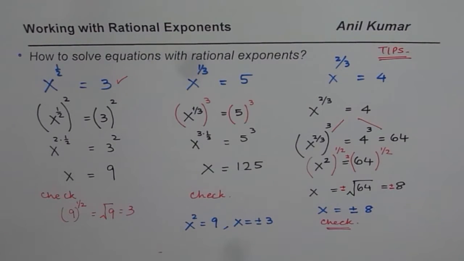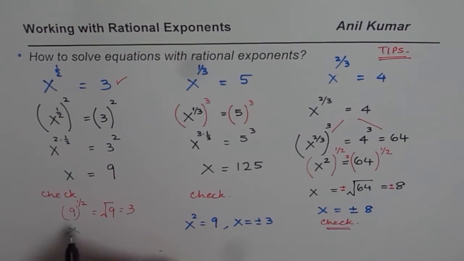I would like you to go through this video once again and understand the concept. As your practice, let me write down some questions for you. I'll write down 3 questions, just as we had here, and try to solve these questions. Let the first one be x to the power of 1 over 4 equals, let us say, 2. Find the solution for this.